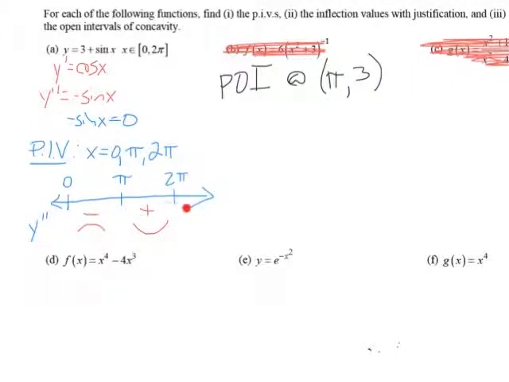We can't consider whether 2 pi is a point of inflection because we don't know what the function is beyond 2 pi. But if this was not constrained, I suspect it's just going to alternate between concave up, concave down, etc. So there we have our point of inflection, and we can also conclude that we are concave up from, let's do open intervals, pi to 2 pi, and concave down from 0 to pi.